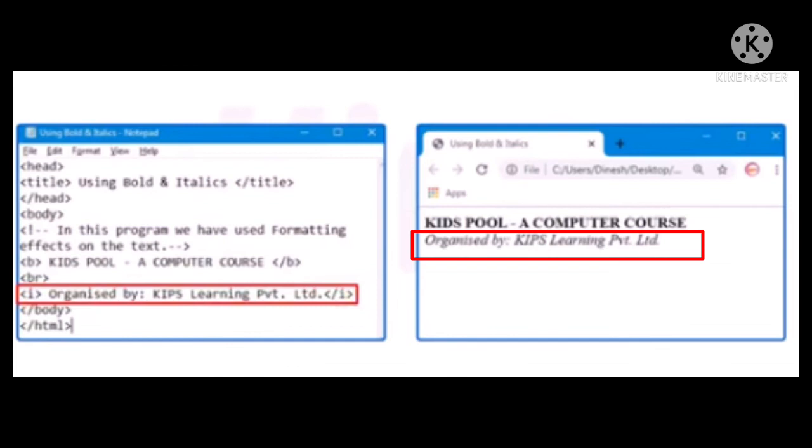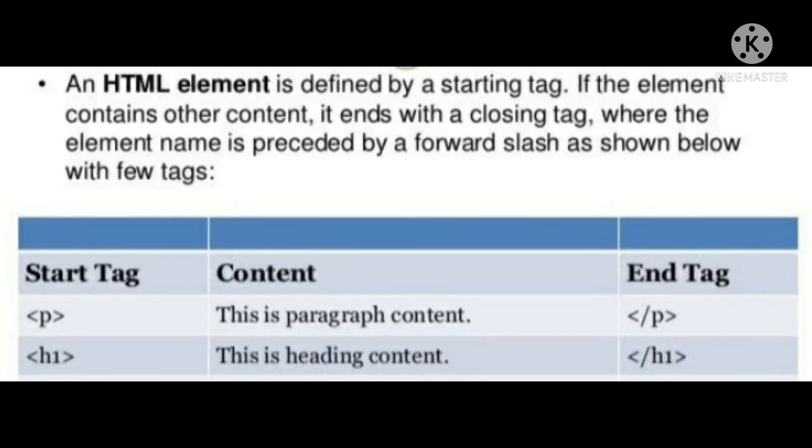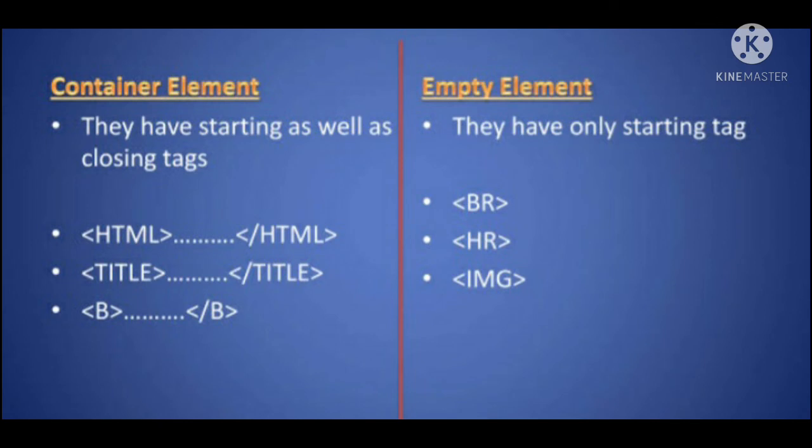Okay, yes. Children, now we learned certain common HTML elements which we use in our HTML document, like heading, paragraph, line break element, horizontal rule, comment, bold, italics. Some of them are container elements and some of them are empty elements.